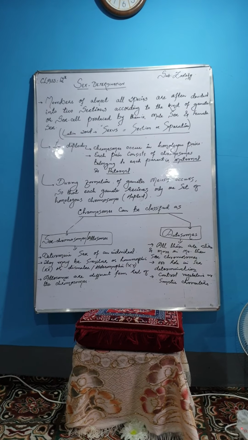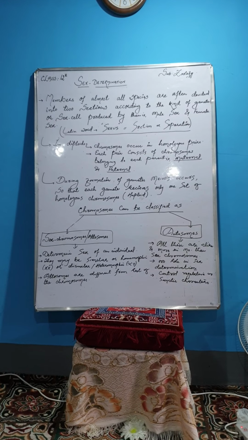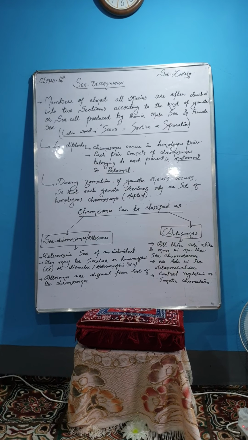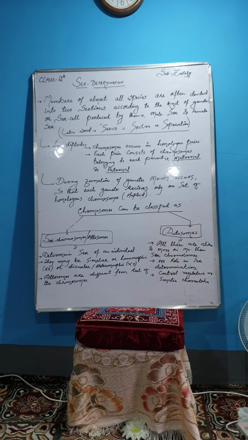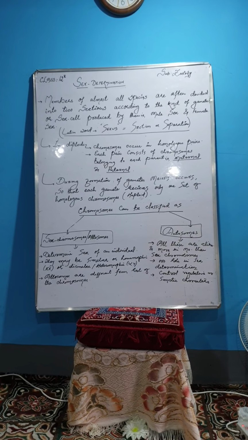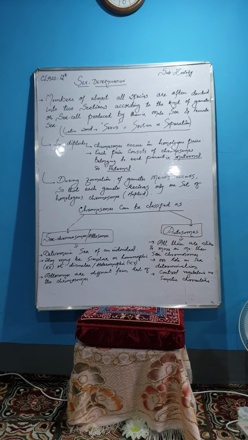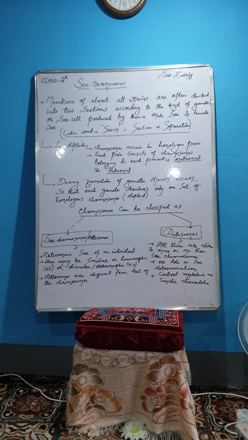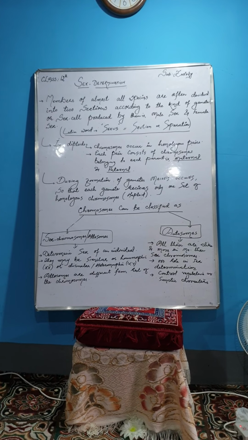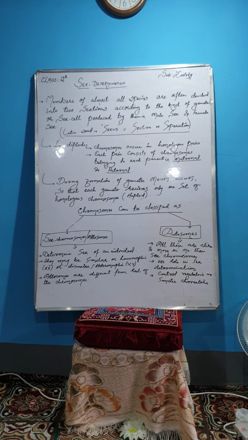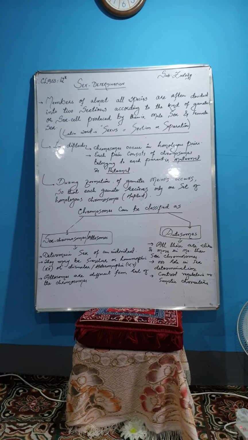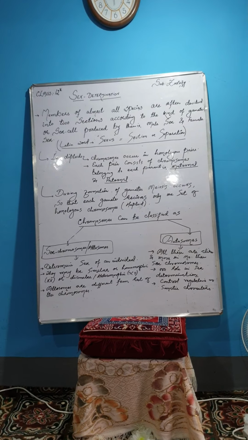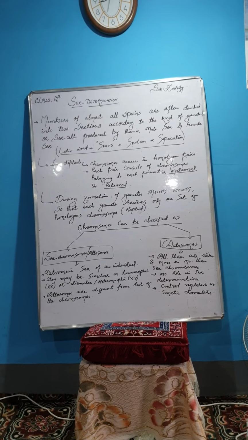As far as the term sex determination is concerned, it is the scientific methodology through which we can determine the sex of an offspring. Almost all the species present in this universe, whether plants or animals, are categorized into two groups.